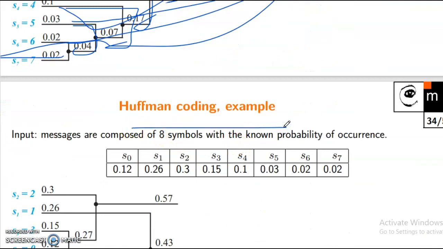Huffman coding example: input messages are composed of 8 symbols with a known probability of occurrence.